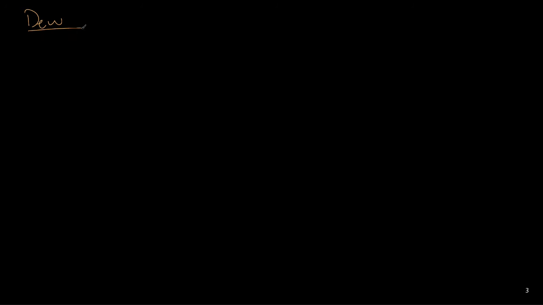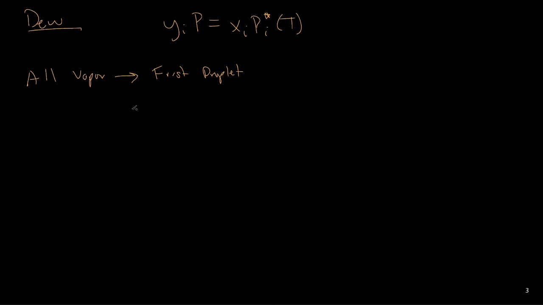Now for the case of the dew curve, the process is effectively the same. We still have Raoult's law, but instead of having all liquid and forming the first vapor, we're going to have all vapor, and we're going to form the first droplet of liquid.